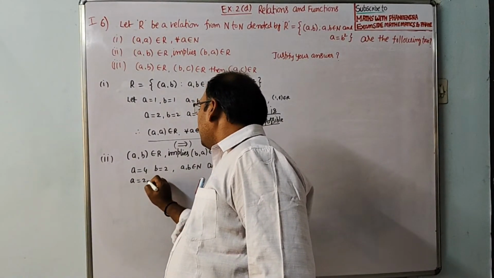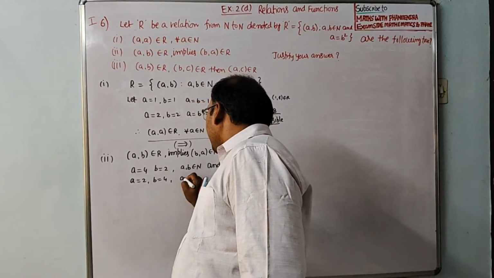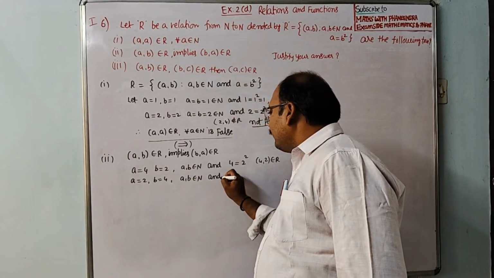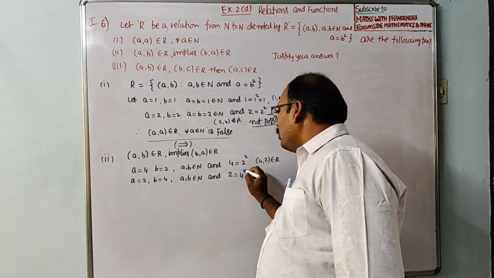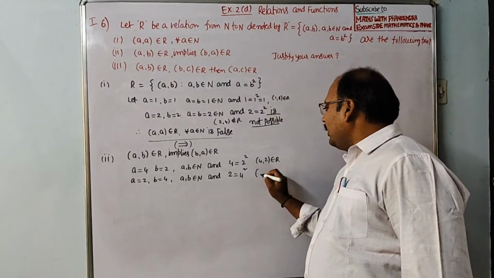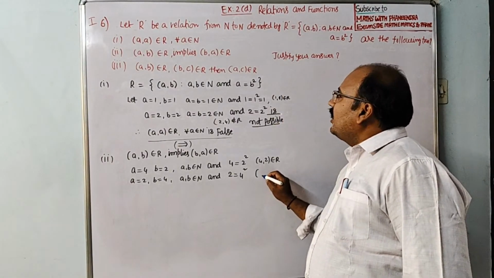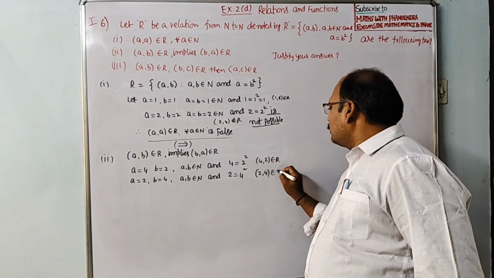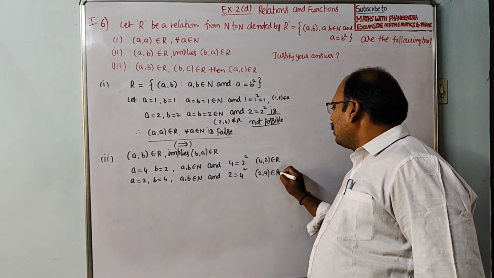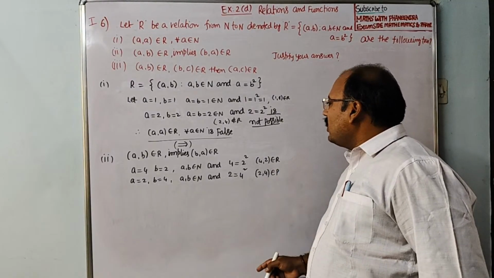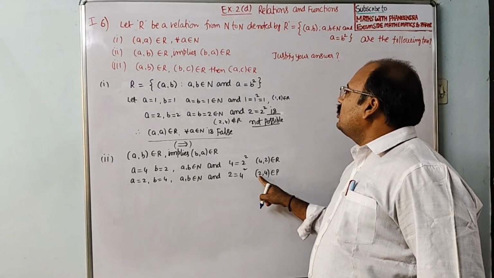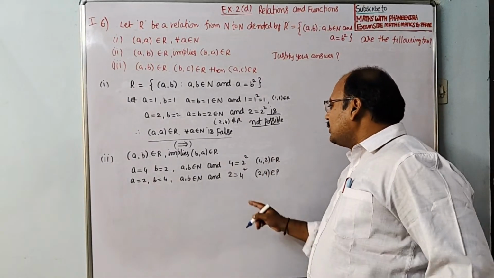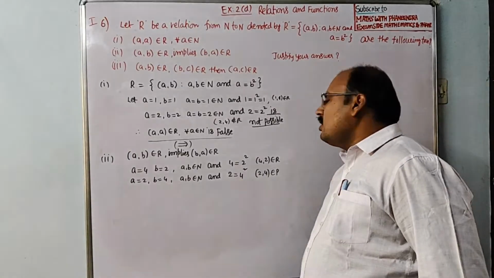Suppose if you take a equal to 2, b equal to 4, (a, b) belongs to N clearly, but a is equal to 2 and 4 square, b square means 16. It is not possible.